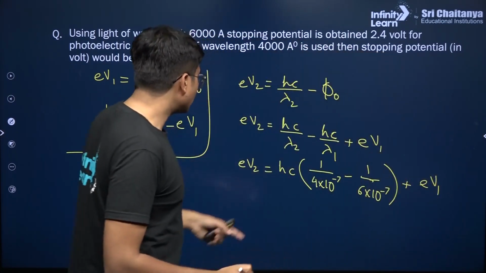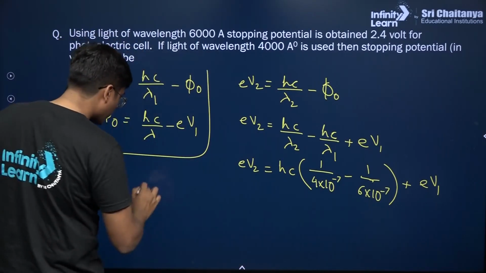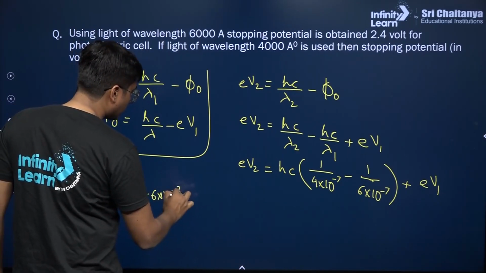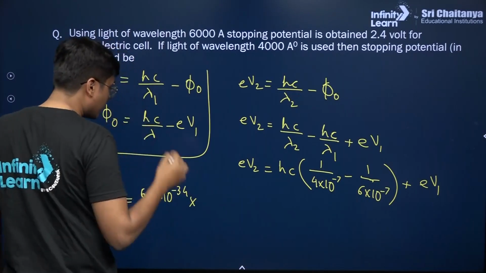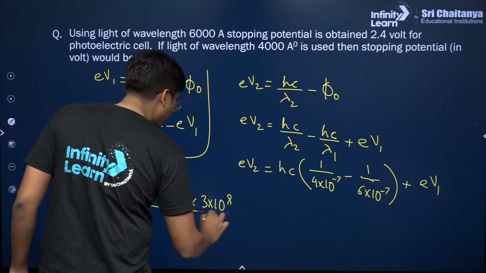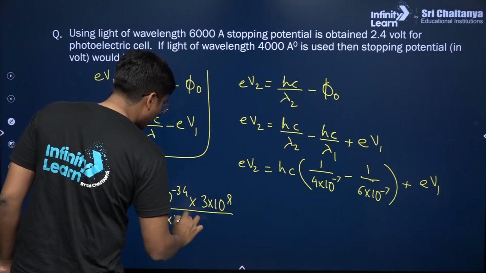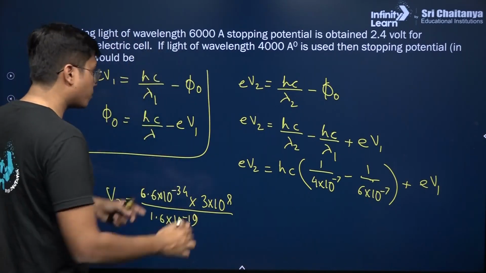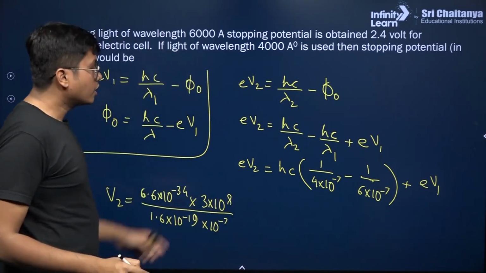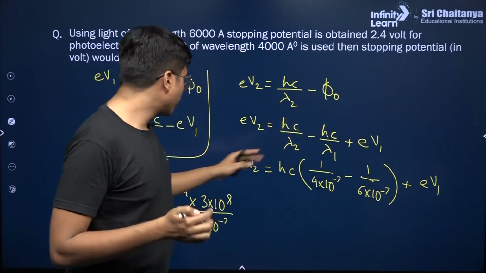You can bring the e down as well to eventually get your V2 would be equal to 8c, that is 6.6 into 10 to the power minus 34, into c is 3 into 10 to the power 8, divided by e comes down, so 1.6 into 10 to the power minus 19, and 10 to the power minus 7 also you can draw out from there. 1 by 4 minus 1 by 6 would give you 2 by 24. 2 by 24 would give you 1 by 12.